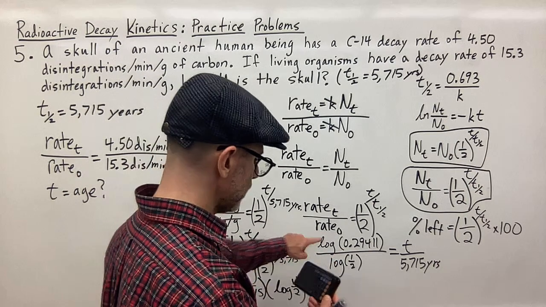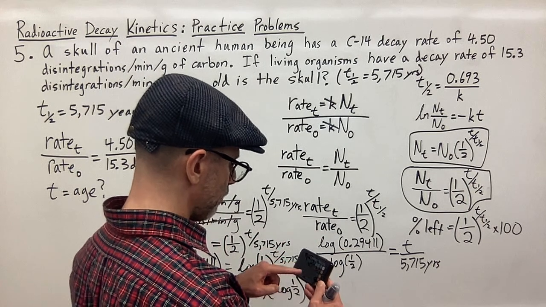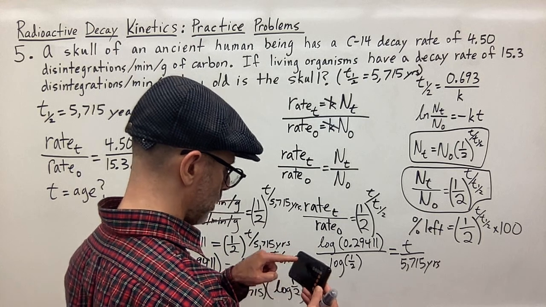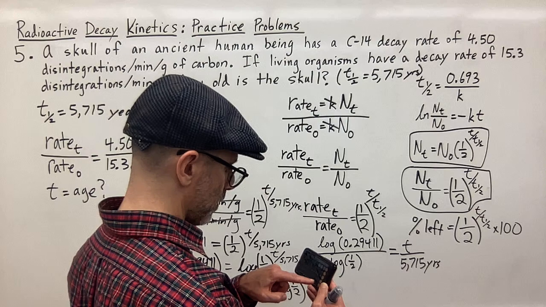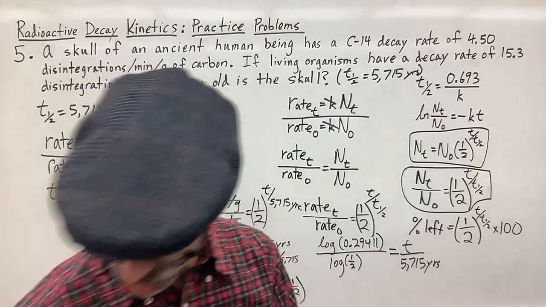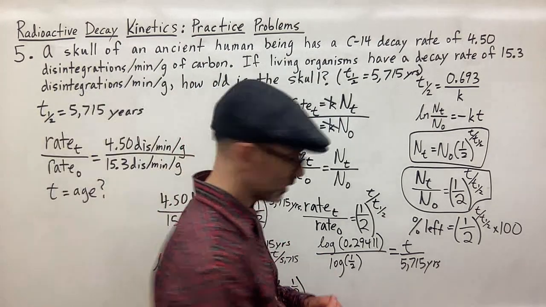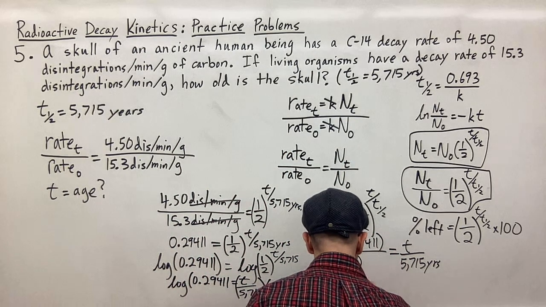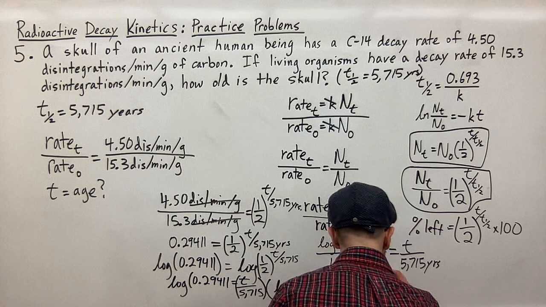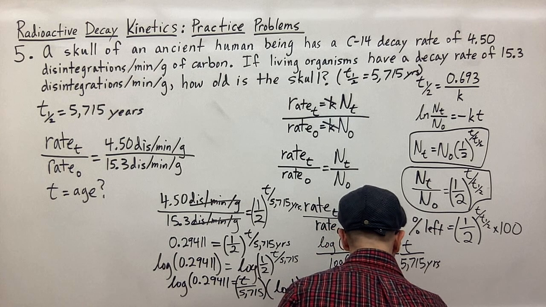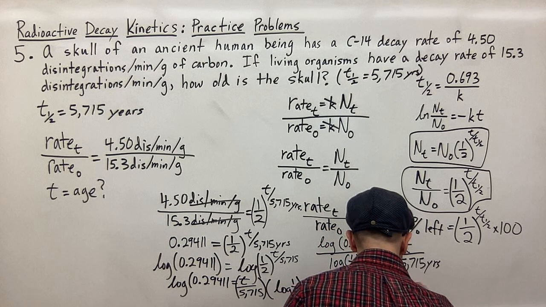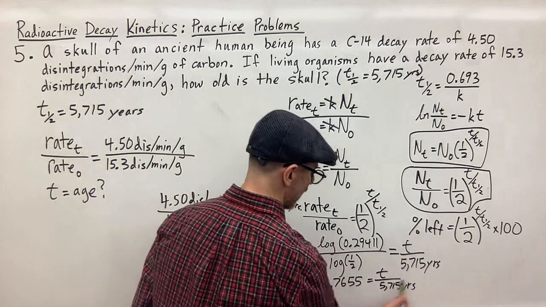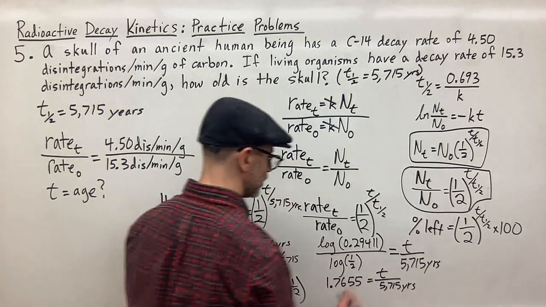I'm going to take the log of that and divide it by the log of 1/2. And I get 1.7655. So I get 1.7655 is equal to t over 5,715 years.